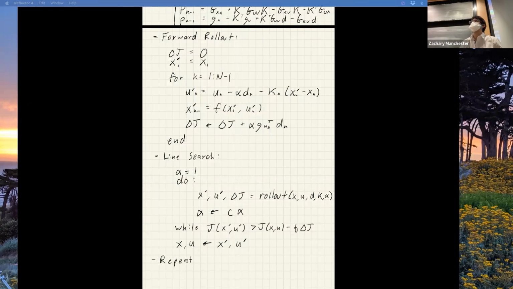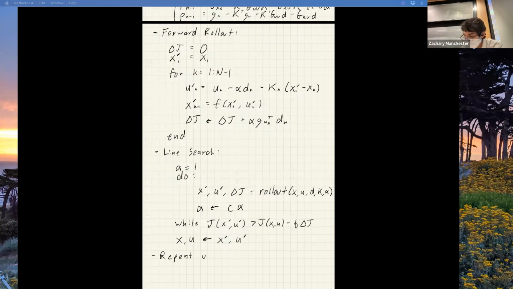And as you'll see in the code in a sec, the convergence tolerance we're going to use is some norm on the Ds, and then we're going to use the infinity norm, aka largest magnitude value, is less than some tolerance. So what this is saying is the Ds, remember, are the feed forward corrections on the Us, and they're basically the gradient of the cost to go with respect to the controls.